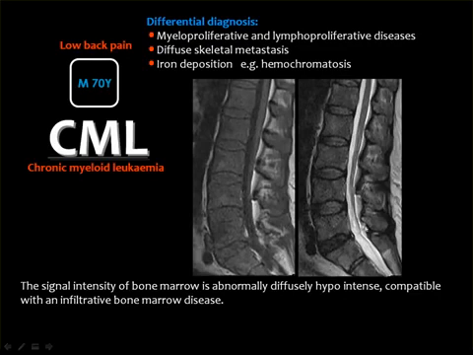Then, if you look here, you can see that there is significant decrease in the bone marrow signal in the T1 weighted image, with almost return to normal signal in the T2 weighted image. If you see this, don't rush to the diagnosis of bone marrow infiltration like leukemia or myelofibrosis or lymphoma.